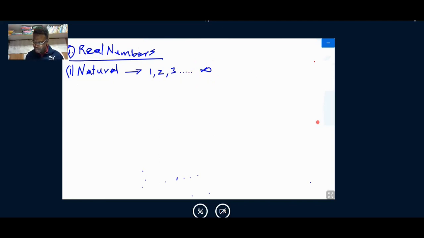Let me write it in a clear way. So infinity is represented by a sign similar to 8, but horizontally. That's it. There you go. Okay. So natural numbers, they start from 1 up to infinity. We know that.